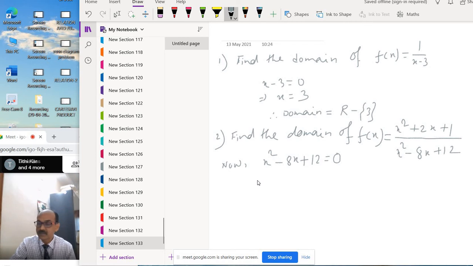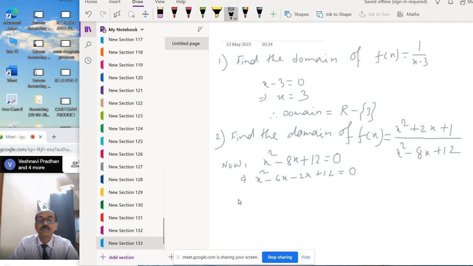So x square minus 6x minus 2x, plus 12 equal to 0. 6 plus 2 is 8x, and 6 into 2 is 12.